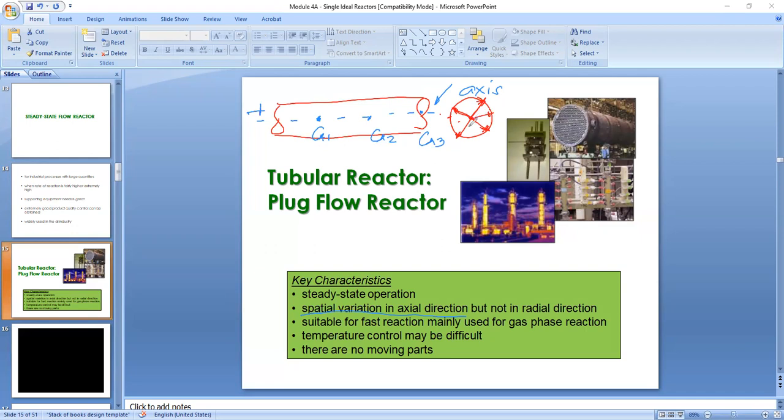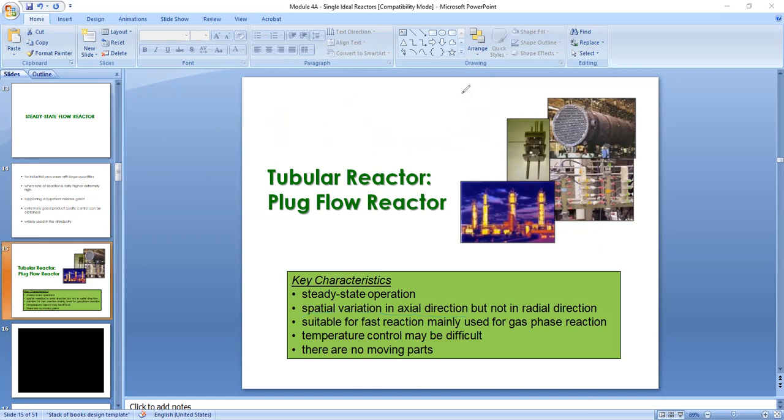Anywhere from the center going out, as long as we're talking about the same radius, there won't be any changes in the concentration of A, if A is our reactant. So no variation in the radial direction, however, axially there is. Keep in mind the difference between axial variation and radial variation in concentration for your tubular reactor.